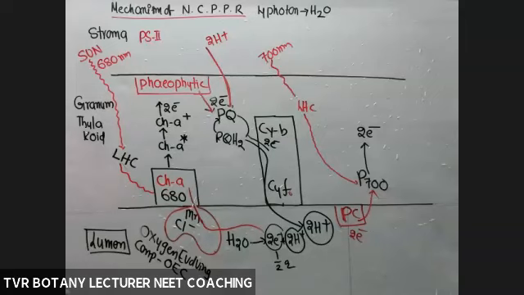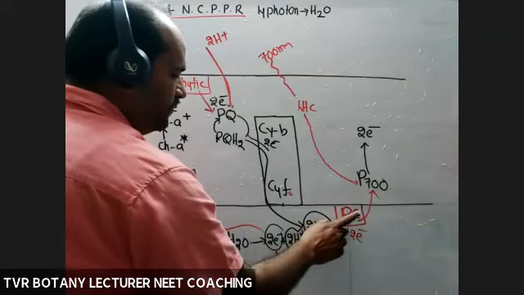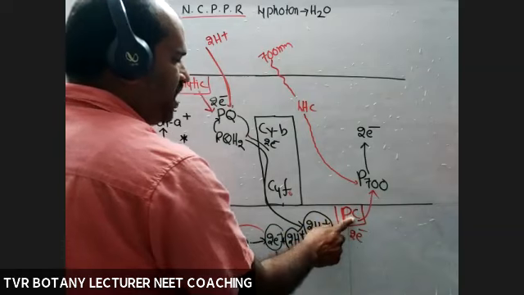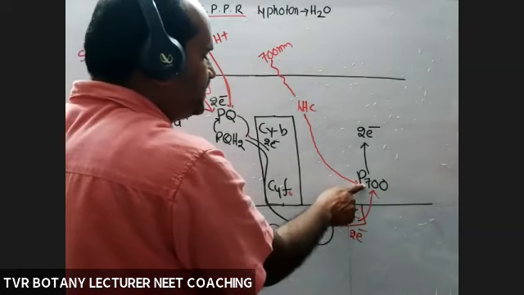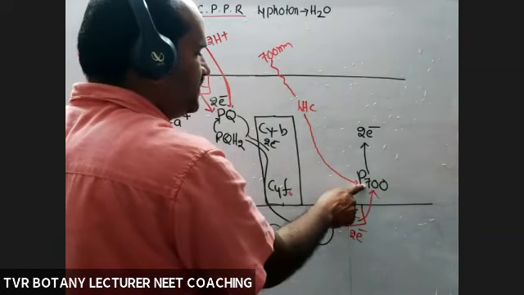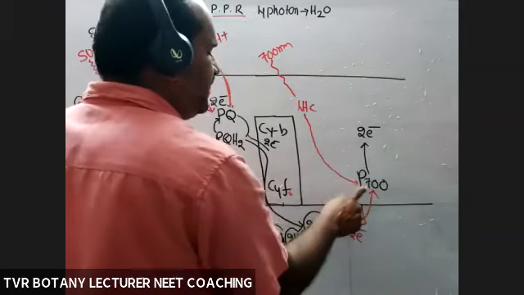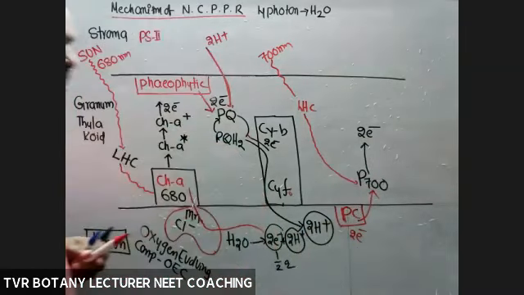So oxidation of PC depends on the oxidized condition of 700. If 700 is deficient in 2 electrons, it is able to take up 2 electrons. So before causing oxidation of plastocyanin, 700 must be at excited condition and deficient in a certain number of electrons, and that must be in oxidized condition.